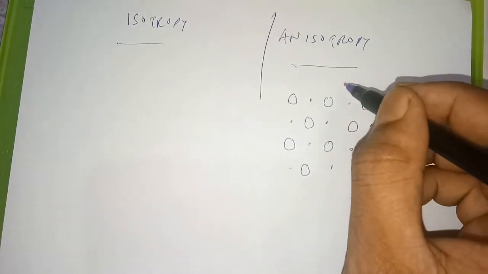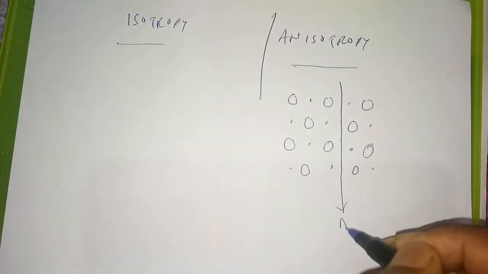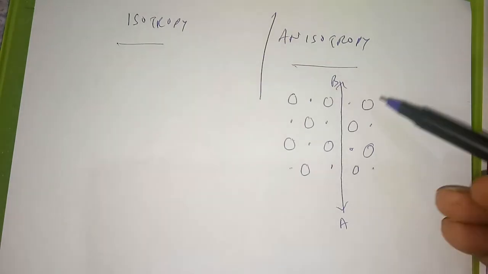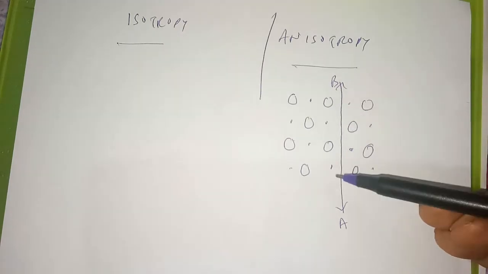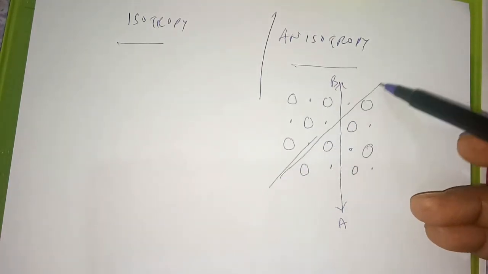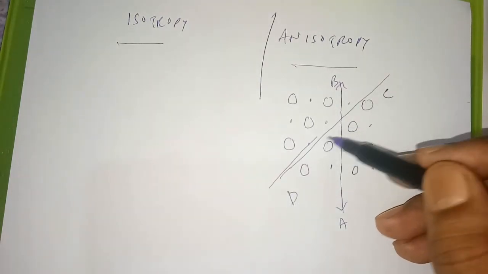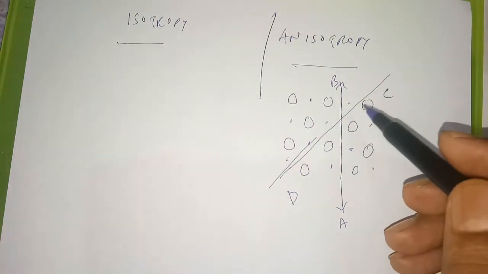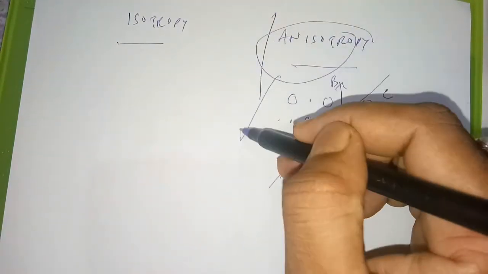Now, if you cut a crystalline solid along this direction of AB, then you will get one big dot, small dot, big dot, small dot, big dot, small dot. If you cut along this direction, this is CD, all the big dots come on one surface, all the small dots come on the other surface. So if you get different property along different direction, this is anisotropy.